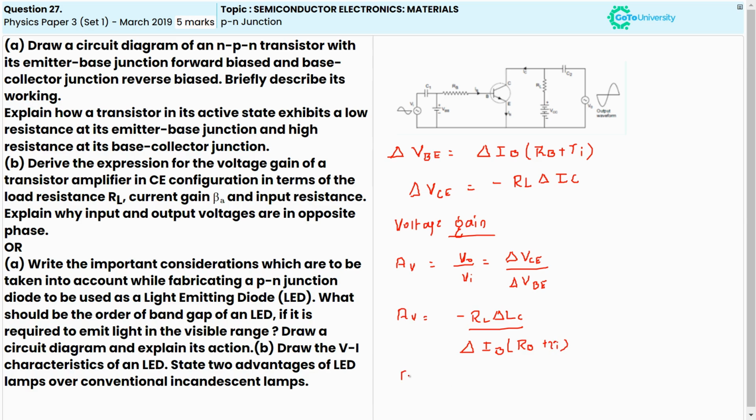Then AV is equal to minus beta AC into RL divided by (RB plus RI), where beta AC is the current gain in CE, which is equal to delta IC divided by delta IB.